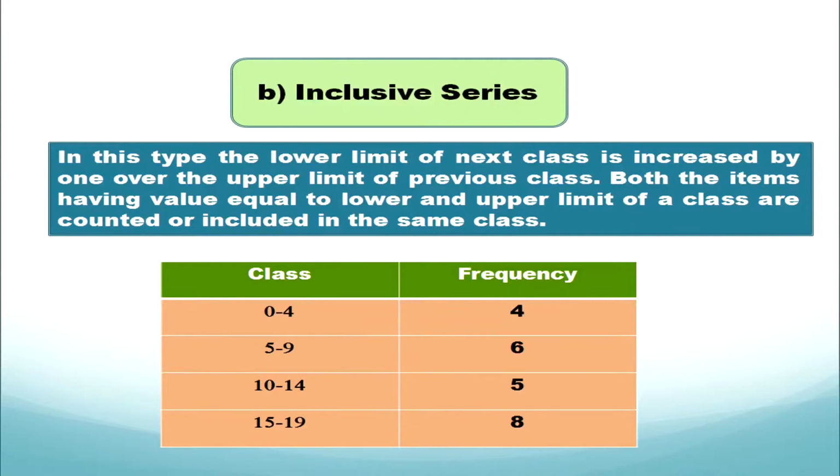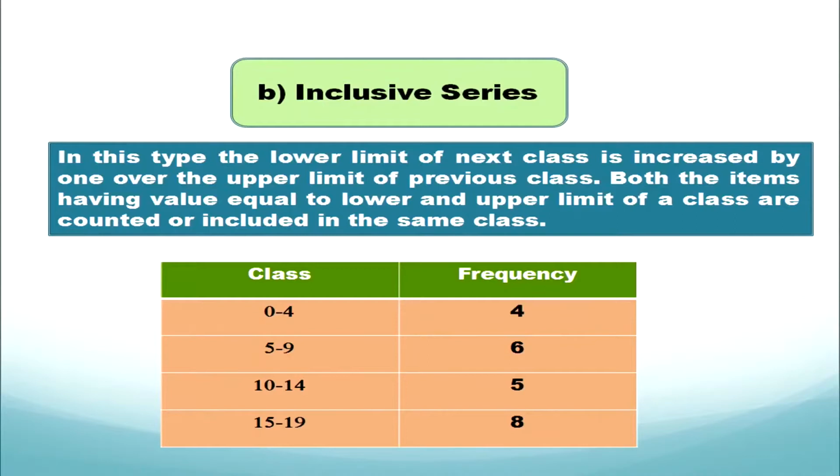So, 5 to 9. In both cases, the gap remains the same. Again, 9 plus 1 becomes 10 for the lower limit of the next class. Likewise, we have constructed 0 to 4, 5 to 9, 10 to 14, 15 to 19.